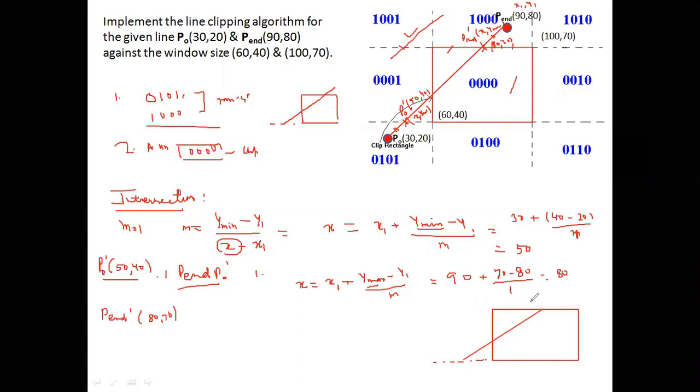So we are left with P n dash and P naught dash. And what are the points? P naught is 50, 40, and P n dash is 80, 70.